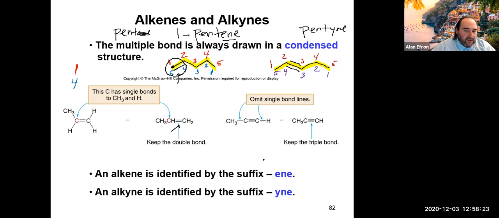Going in the red direction, my triple bond starts at carbon 2. Going in the purple direction, my triple bond starts at carbon 3. So we would want to go the red way here, and this would be 2-pentyne, 2 for the location of where you find the triple bond. Questions on that there?